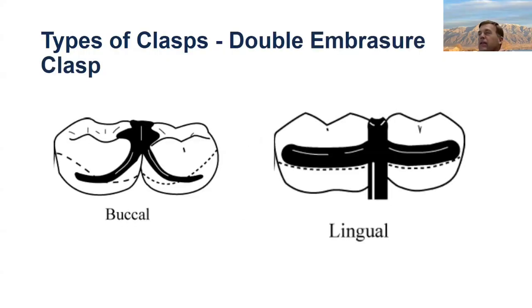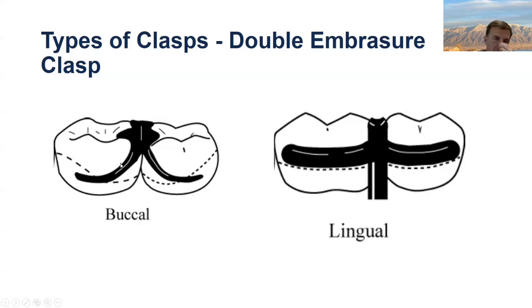And if you think that's big, then we got our double embrasure clasp. These really have a place. So a lot of times with your Kennedy class 2 cases, you're going to need a really sturdy clasp assembly directly opposite your saddle. And this can be a great rest. We need to make sure there's what we sometimes call a pass-through, that there's space between the opposing tooth and the marginal ridges here, and also that we have rests.